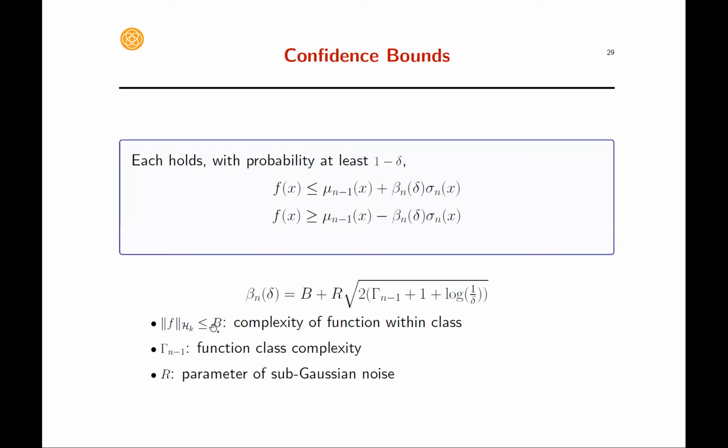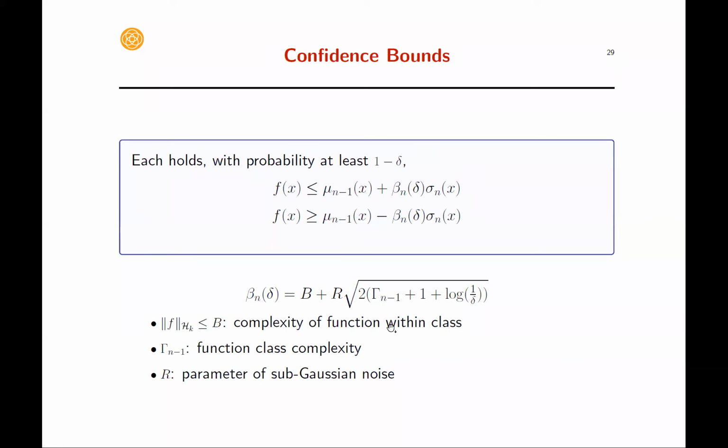For example, for a linear model, the function class complexity is the dimension of the space, d. And the complexity of the function within the function class is the norm of the weights in the linear model. These determine how complex the model is, and then we can create these confidence intervals.